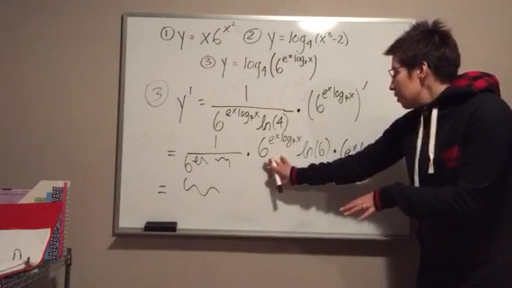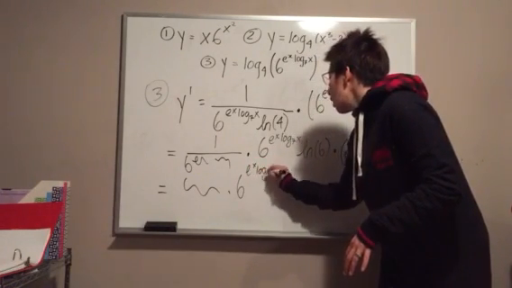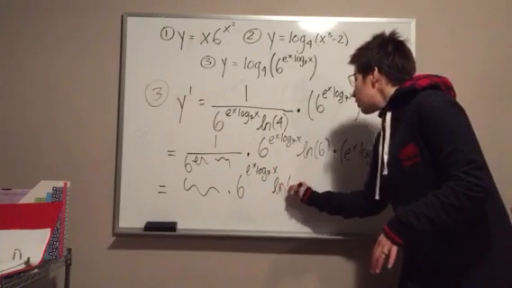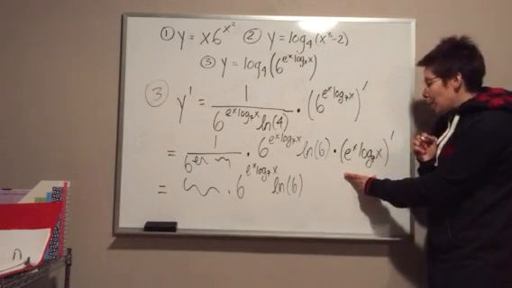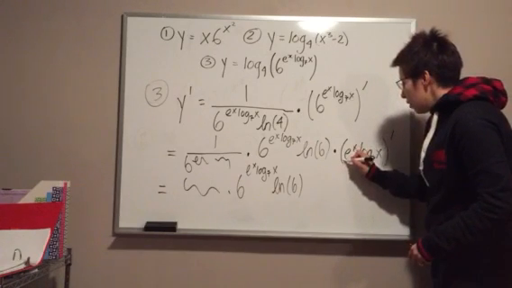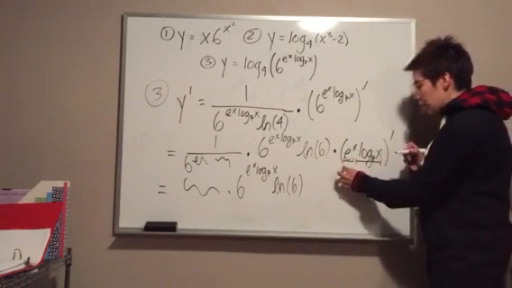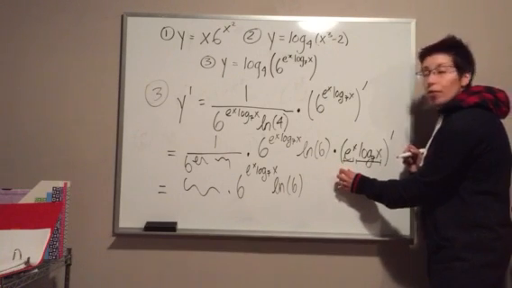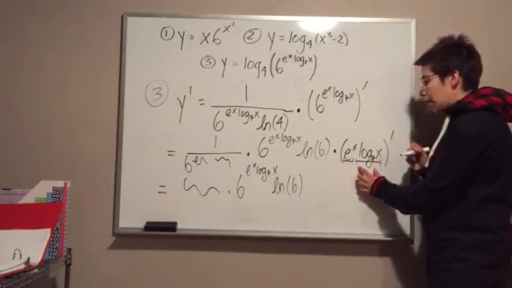Times this, 6 to the e to the x log base 7 of x times the ln of 6 times the derivative of this. Well, this is a product rule, and it's made of 2 parts. The e to the x is the first function, multiplied by it is the log base 7 of x as the second.